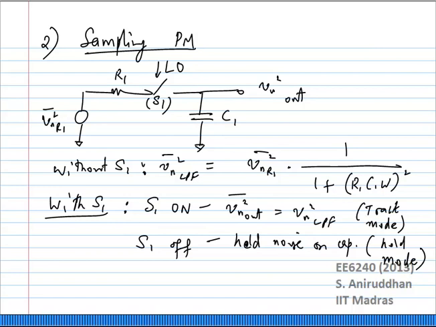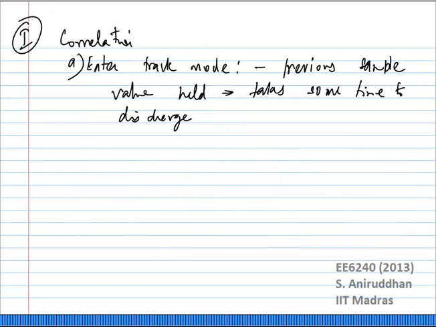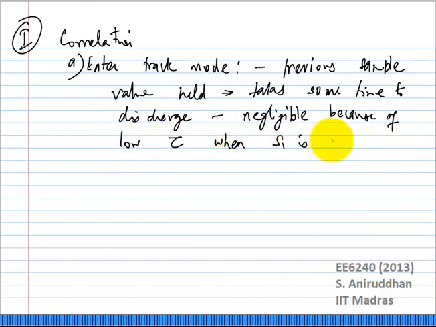You expect the RC time constant to be very low. You expect it to discharge very fast, because you are going to design your switch to have a very low resistance. So therefore, this is usually negligible, because the time constant is very low when the switch is on.